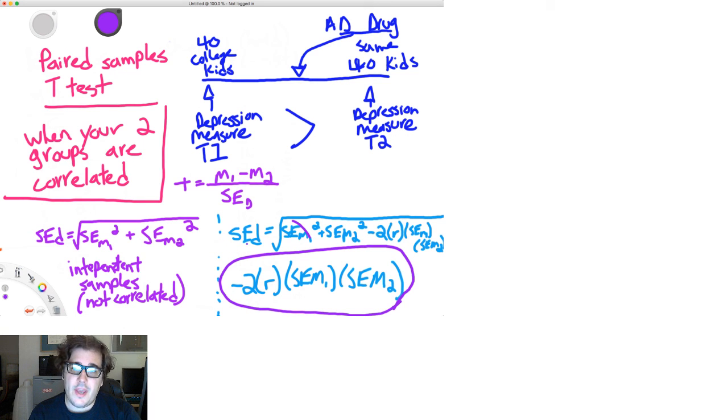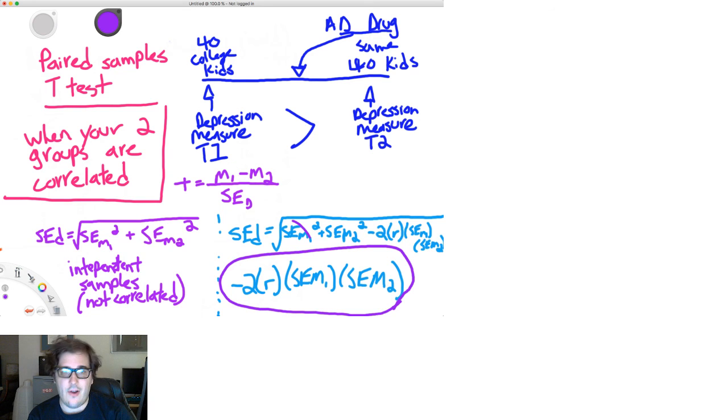So you use it when you have two groups. You only use it when you have two groups that you're comparing who have correlated measurements. In this case, it would be depression. Why are they correlated? In this case, they're correlated because they're the same people. Like if John was one of these college kids, and John always had really high depression, you'd expect, even if his depression went down because of the drug, it would still be relatively high compared to the other kids in the group.